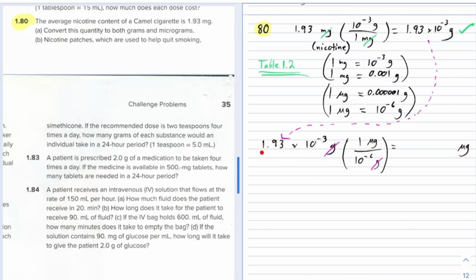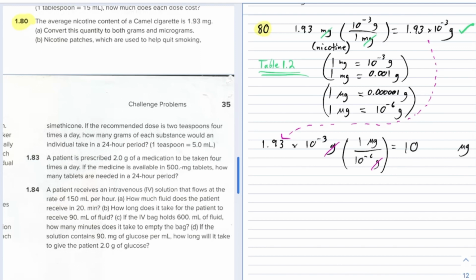But the math, 1.93 times 10 to the minus third divided by 10 to the minus 6. When you take one power of 10 and divide by another power of 10, the exponents subtract. So it's minus 3 minus 6, which would be... 10 to the power negative 3 minus negative 6, which would be positive 3.